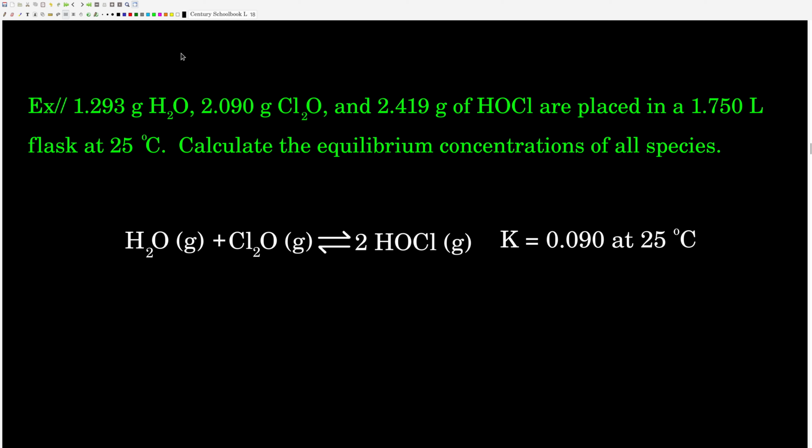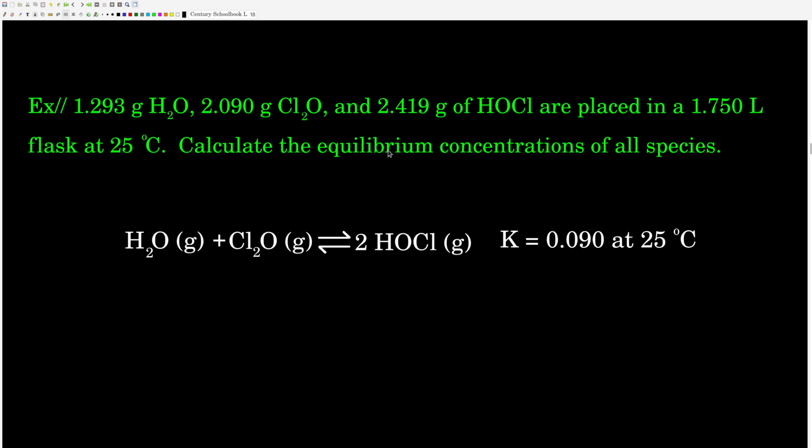So I'm thinking ICE table already, right? Given the mass, that means we can get the moles, and dividing by the volume gets us molarity. You're given the balanced equation here, and you're given K. So basically, same idea: set up the ICE table, set up the equilibrium expression, solve for x, and use it to find the equilibrium concentrations. Why don't you go ahead and work that out, and come on back when you get an answer.